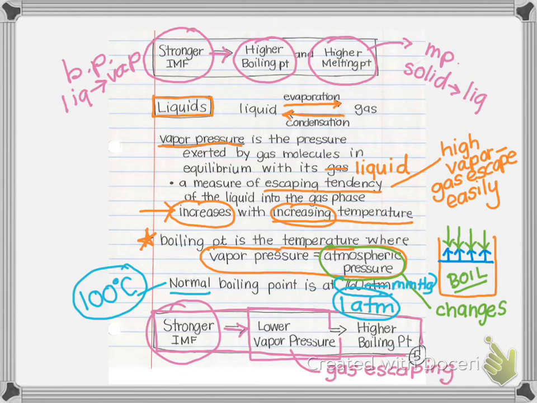So stronger intermolecular forces lead to lower vapor pressures, and lower vapor pressures lead to a higher boiling point. That's because if you have a lower vapor pressure, it requires more energy and more heat to raise the temperature so that the vapor pressure equals the atmospheric pressure. So the stronger the intermolecular forces, the lower the vapor pressure and the higher the boiling point.